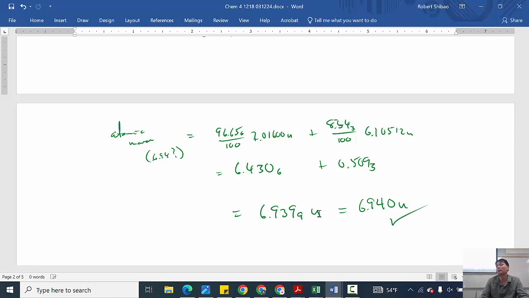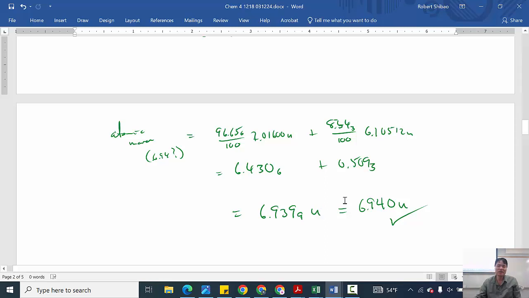So it checks out. If you prefer doing it algebraically like this, that's fine. But I told you we're going to have different types of problems. Some we solve algebraically, some we solve using dimensional analysis, which is essentially algebra.